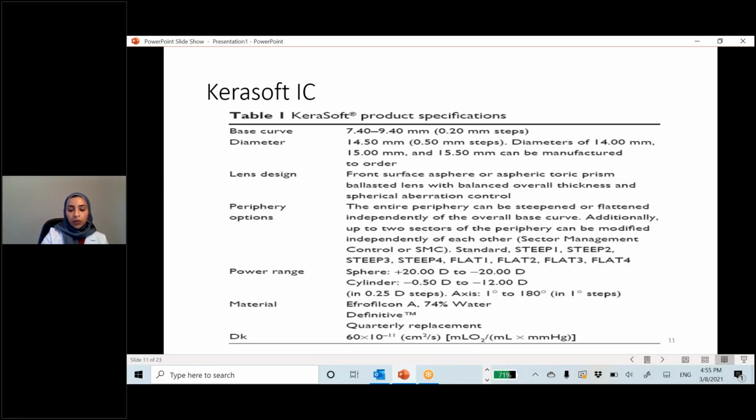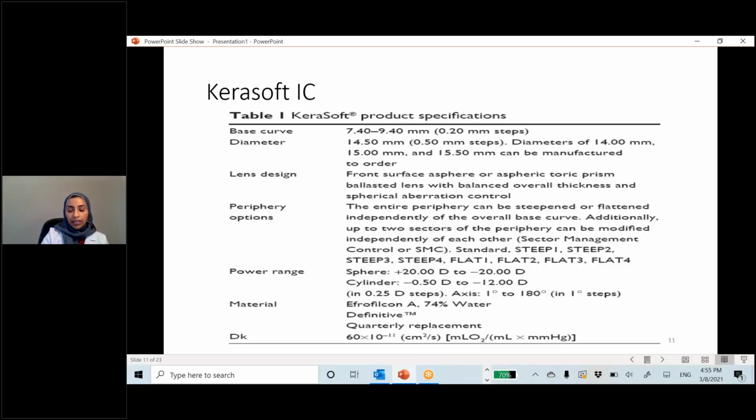So sometimes we would fit a reverse geometry corneal GP lens on this type of shape. The soft lenses can also be created in reverse geometry. Typically, you can change the peripheral curves of this lens steeper than the base curve, or even flatter in the case of a nipple cone with a flat periphery.